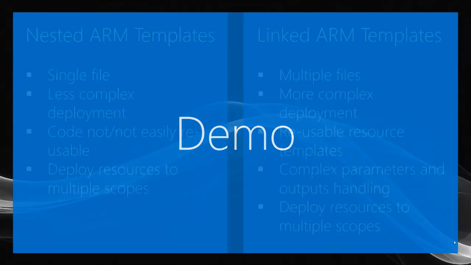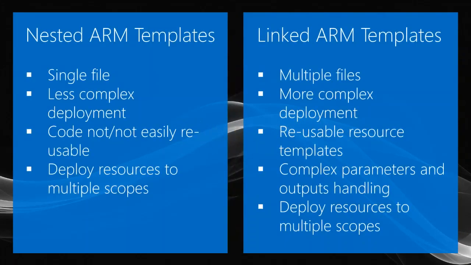And this means that we're almost at the end for today. So to quickly sum this up, nested templates versus linked templates. Here you can see a very quick and simplified comparison: nested template uses the single file approach, whereas linked templates use the multiple files approach that we've just seen in the demo.